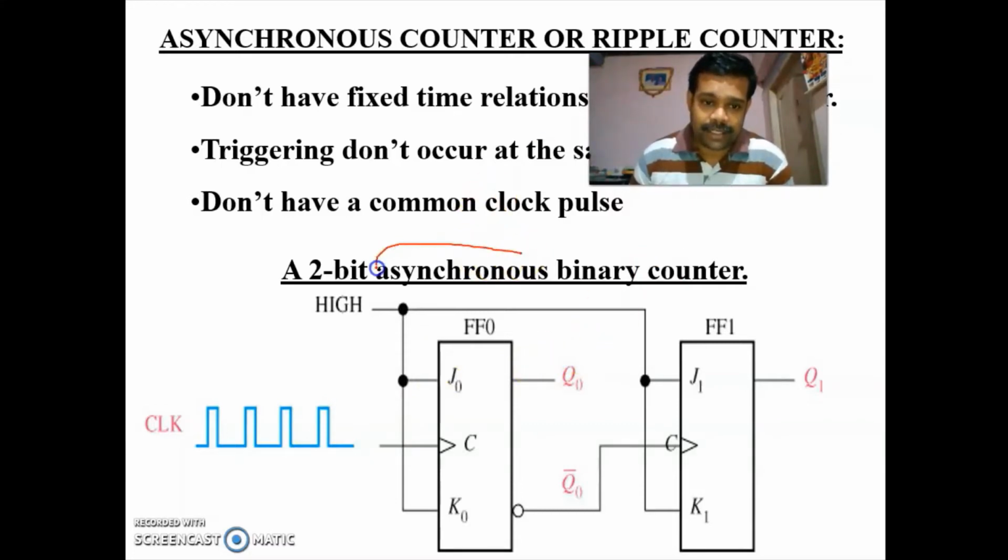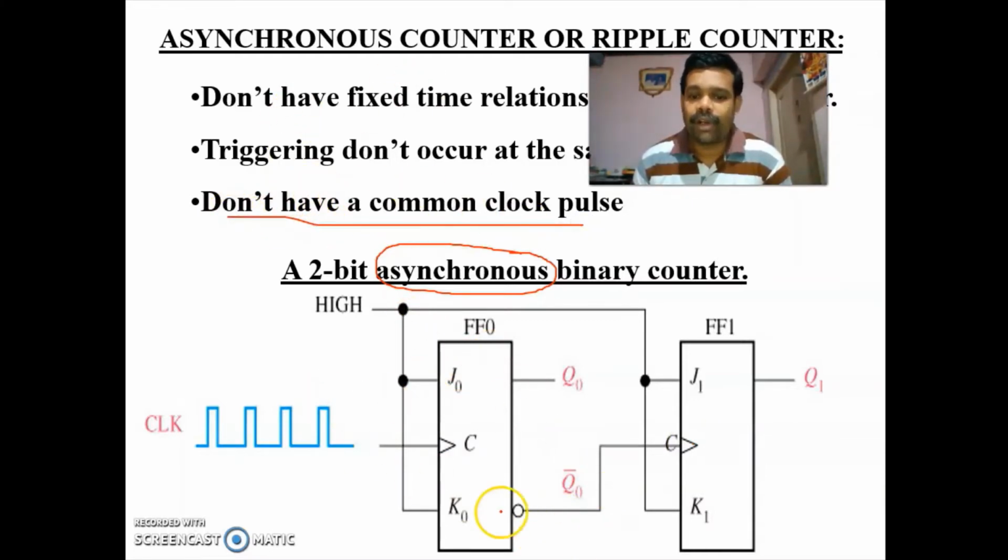Since it is an asynchronous counter, you have given the clock directly to the first one, and for the second one you have taken the inverted output of the first one and connected it to the second. So you do not have a common clock, and the triggering will not occur at the same time.